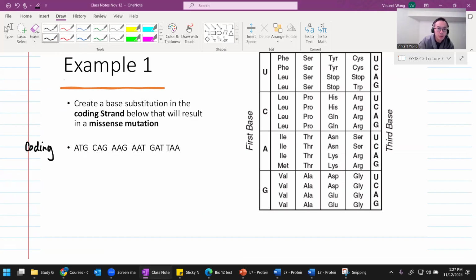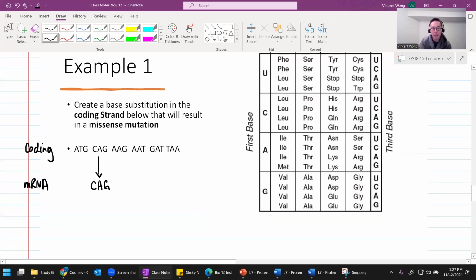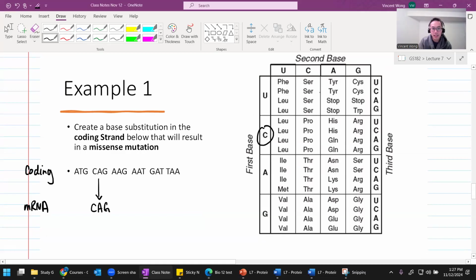CAG. So if you go ahead and do the transcription, because this is coding, I can just copy directly for the mRNA. So it's just CAG, the same thing. So let's look up what CAG is. CAG is GLN, and this is the amino acid.